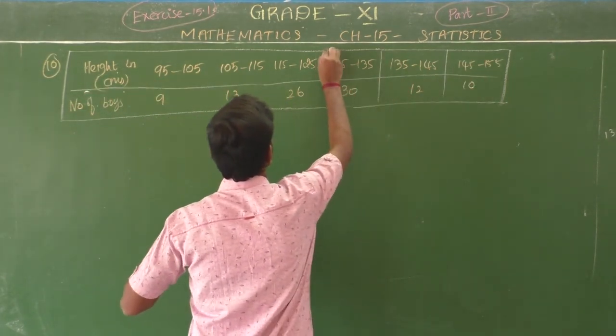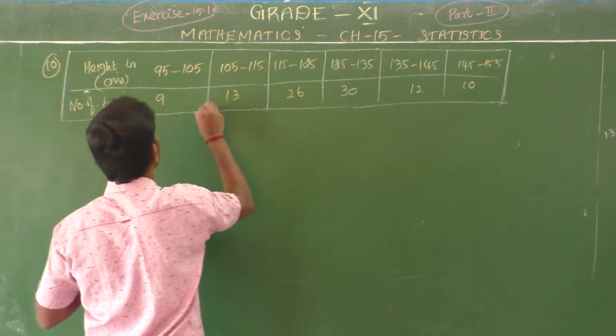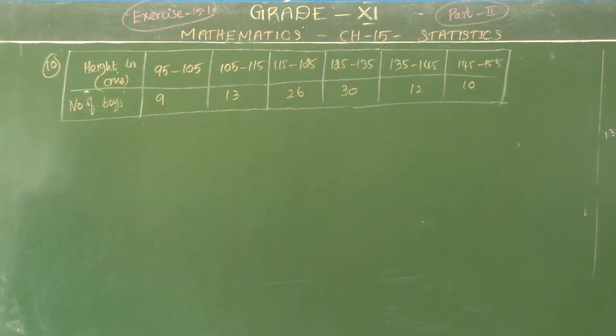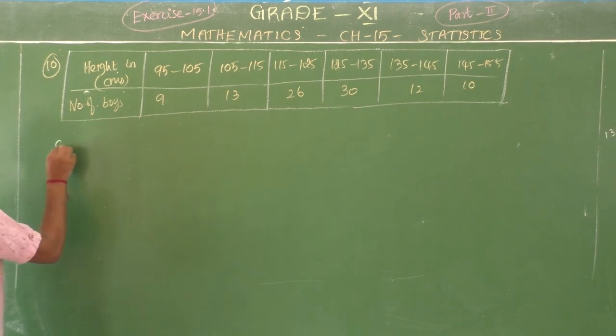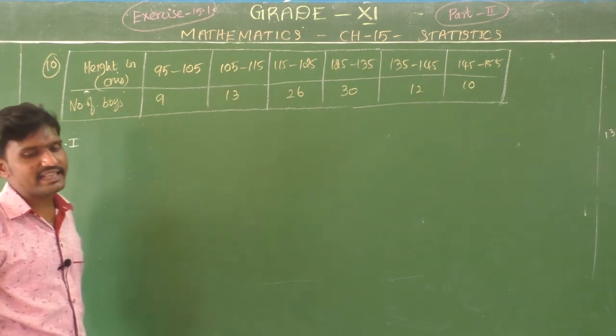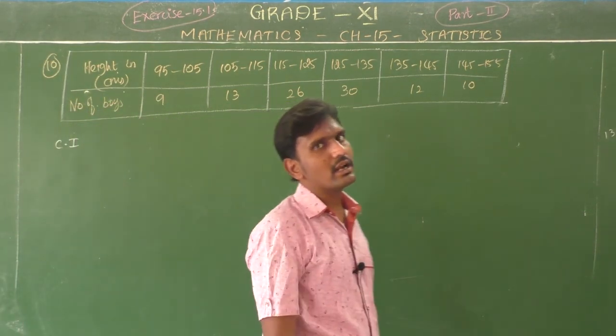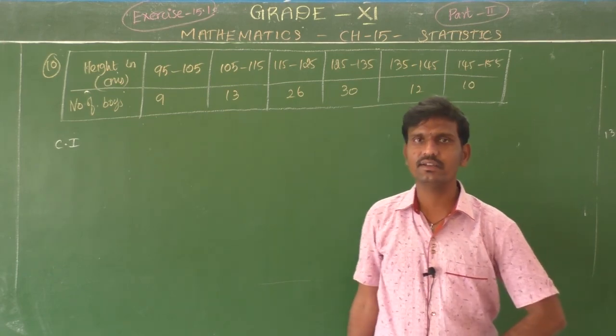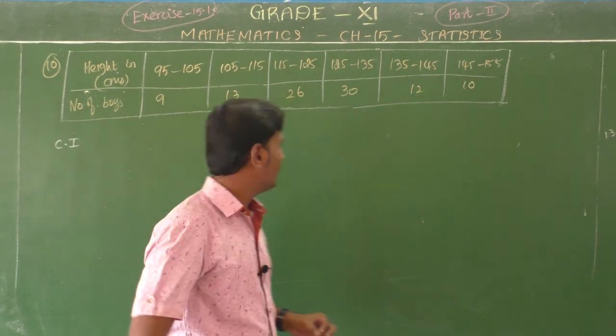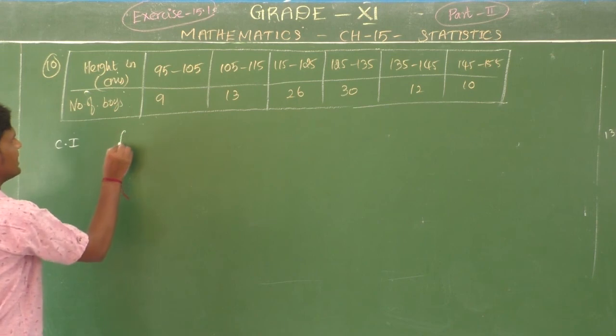Hey students, now listen. So the table is somewhat lengthy, no? So like that we need to complete it. It is very simple only. Okay. Yes. Now first column, what I am going to do? First the class interval. Do you know what CI is? CI is the class interval. Okay. And then F. F is the frequency.